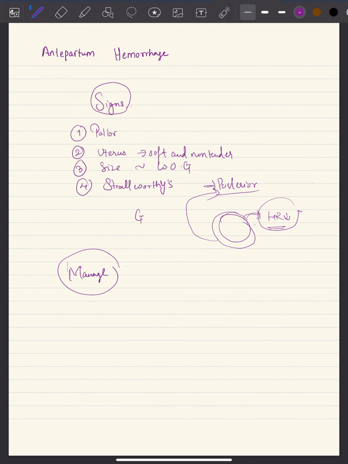However, the investigation of choice is USG abdomen and transvaginal sonography, because in transvaginal sonography, we are not letting the probe enter inside the cervix. It is just present in the vagina, and it wouldn't be touching the cervix, so it's not reaching the internal os, so we can do the TVS. That is the investigation of choice.